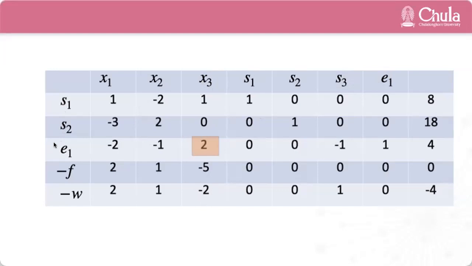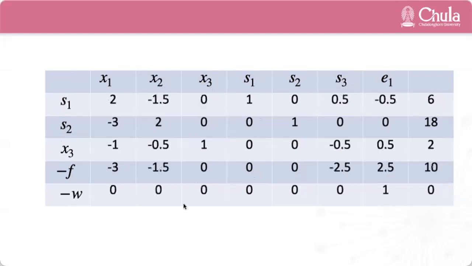And then we remove E1 because of the smallest positive B over A. So we obtain this table. And from this table, you see that W is already 0. So we can remove this row. Also E1, because E1 is not in the set of our basic variables anymore.